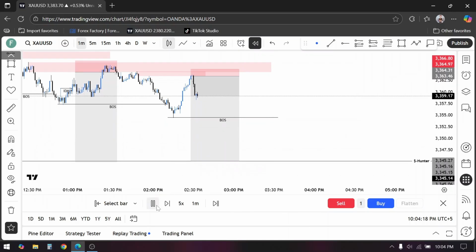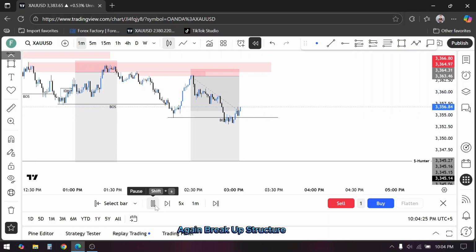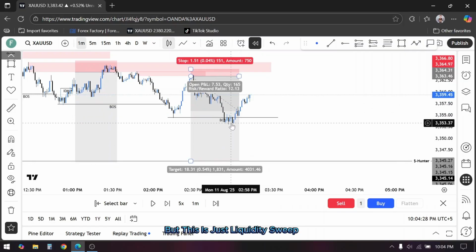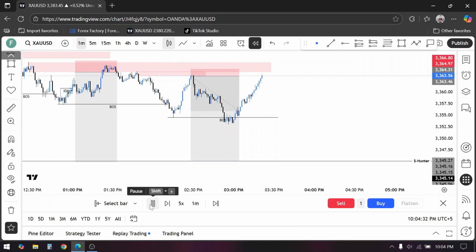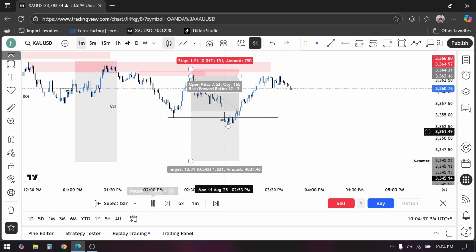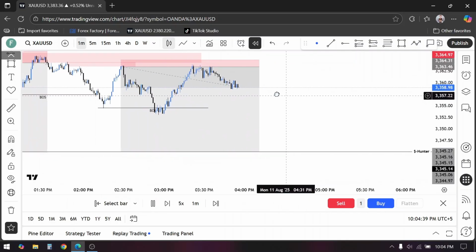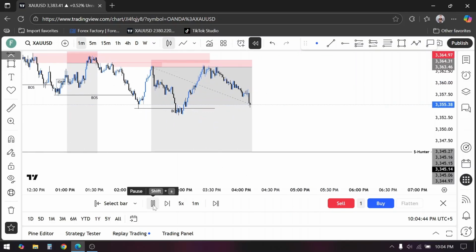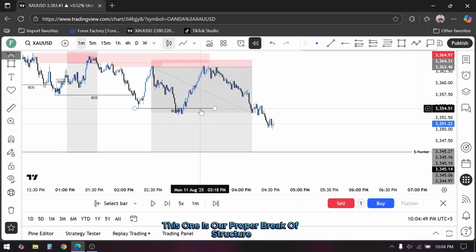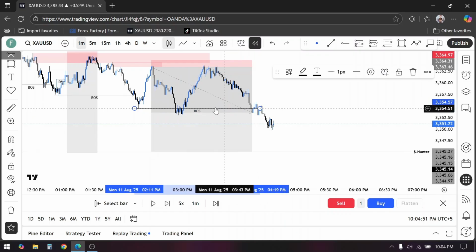Okay, again breakup structure, but this is just liquidity sweep, not proper breakup structure. This one is our proper break of structure.